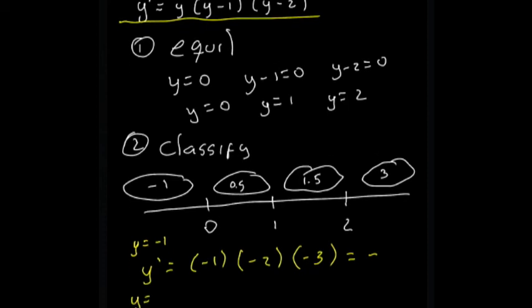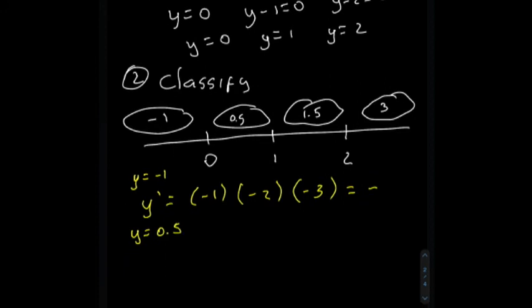Now, when y equals 0.5, we have y prime equals a positive sign, a negative sign, and a negative sign here. The reason I'm putting positive is that y is 0.5, so I'm putting 0.5 here, and that's positive.